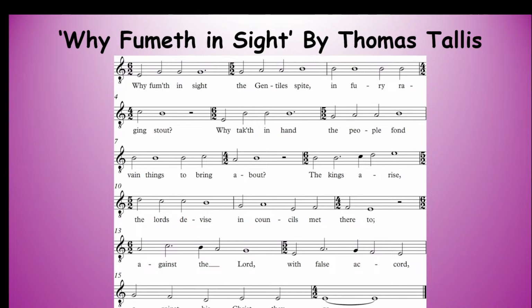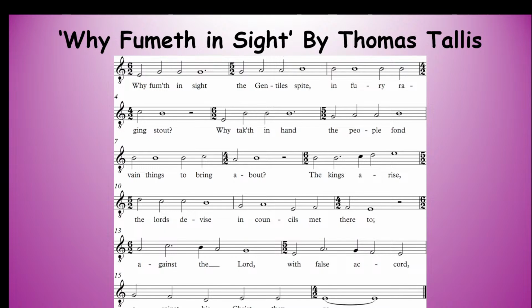Why fumeth in sight, the Gentiles spite, in fury raging stout. Okay, happy with that? We'll do it one more time. Okay, after I'll do a 3, 4, and then we'll come in. 3, 4. Why fumeth in sight, the Gentiles spite, in fury raging stout.